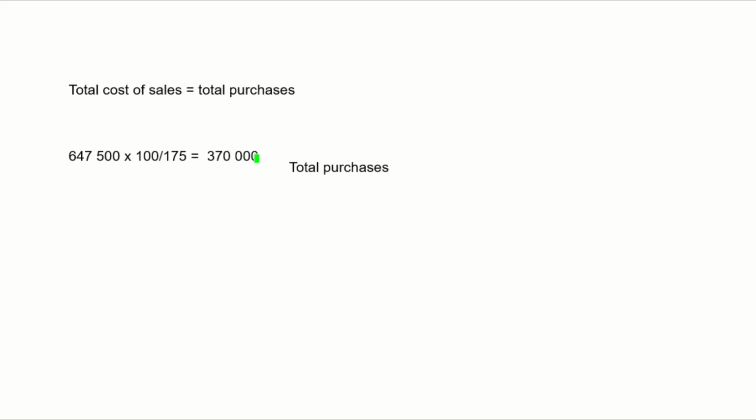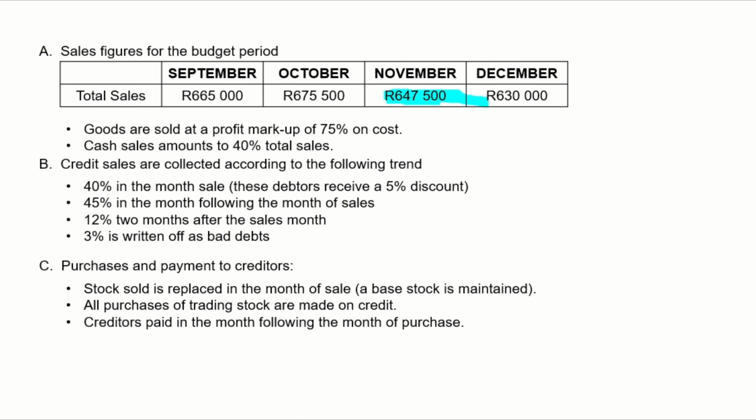Now we're supposed to calculate for our cash purchases and credit purchases, but luckily for us, on information C, the second bullet says that all purchases of trading stock are made on credit, meaning that whatever stock that we buy, whatever cost of sale we incur, that is on credit. All right.